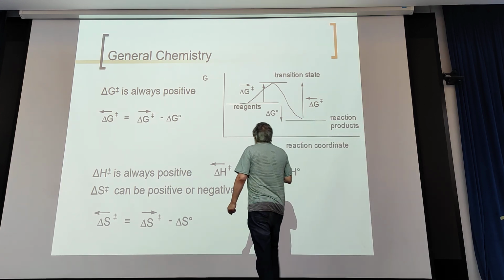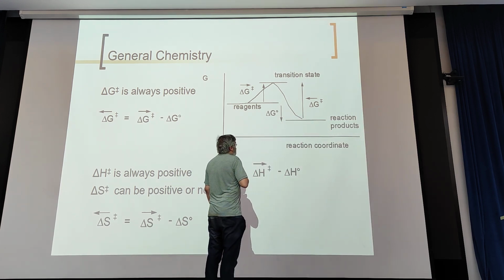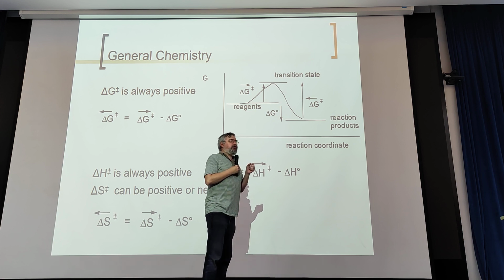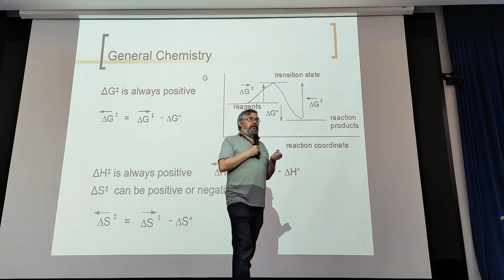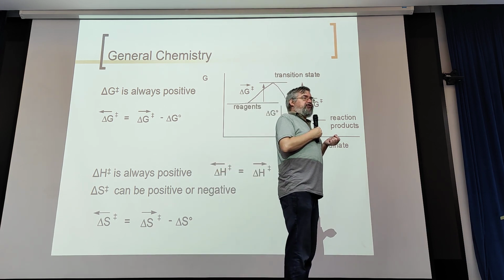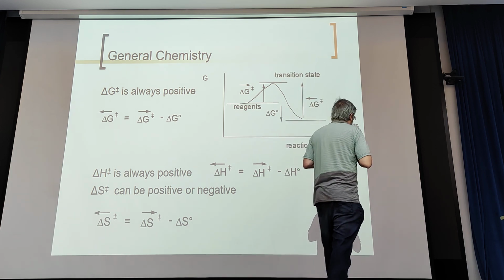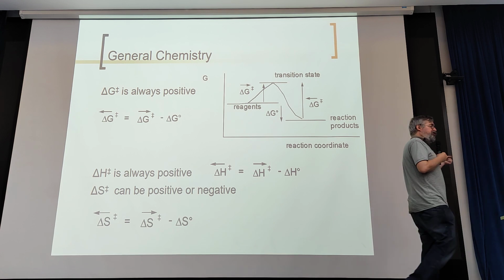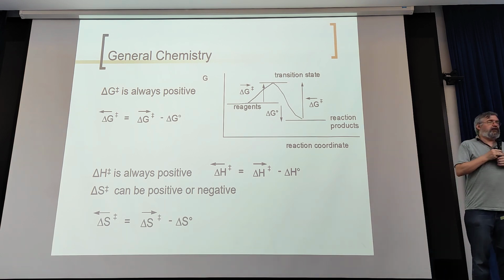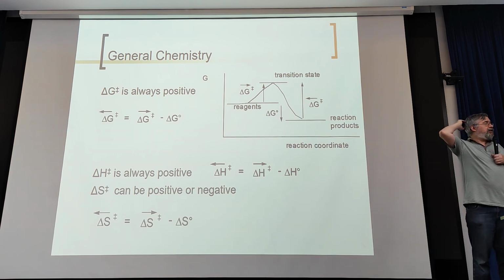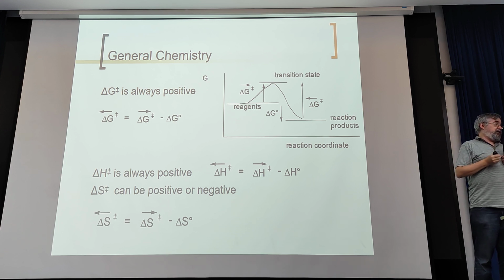So, suppose we go in the other way, and we start with the products and we end up with the reagents. Now, we will turn around the sign also of the free energy change. Because now the free energy change will be minus delta G. The arrow will go up, because we are higher in energy when we reach the reagent.